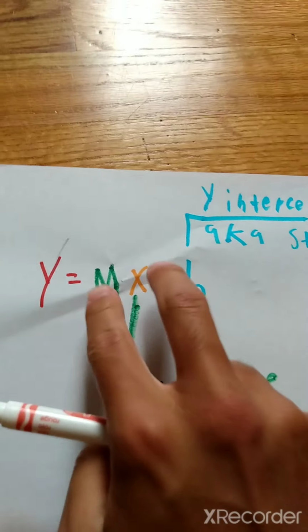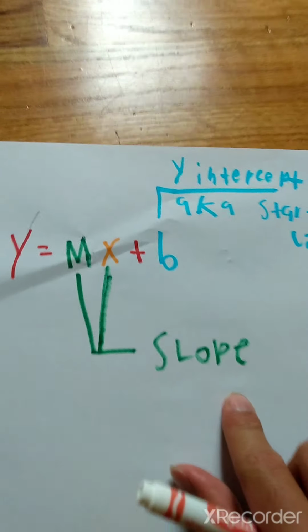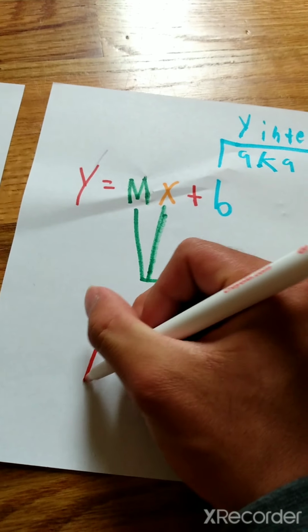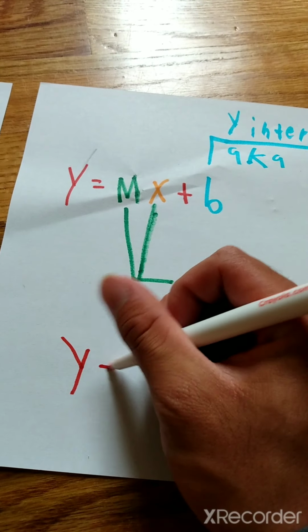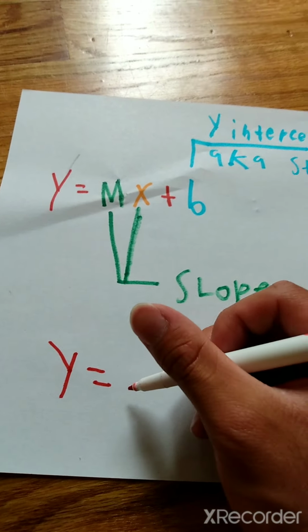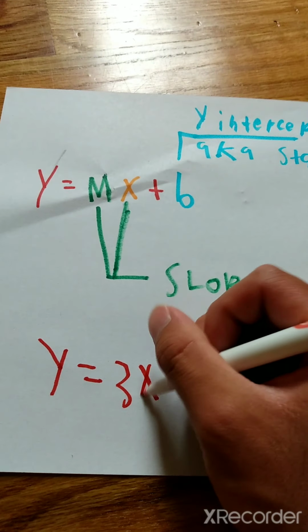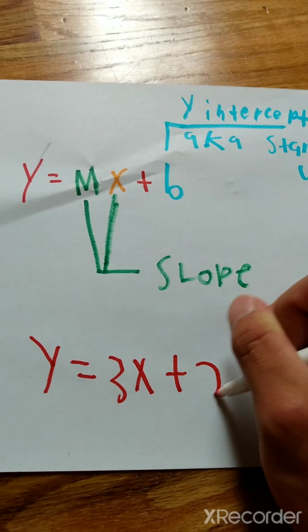But why are there two letters that represent one thing? The reason is, if we write an equation in number form of y equals mx plus b, then we'll understand what it is.